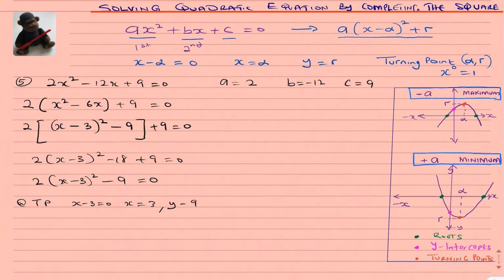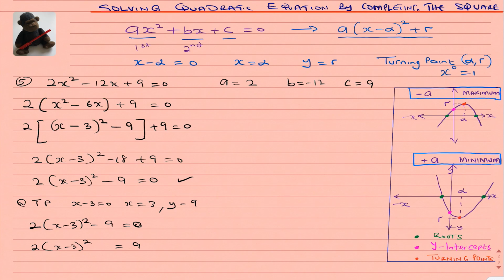So now to solve for the roots, I then need to work on this one. Add 9 to both sides, so that will be 2 into bracket x minus 3 squared equals 9.